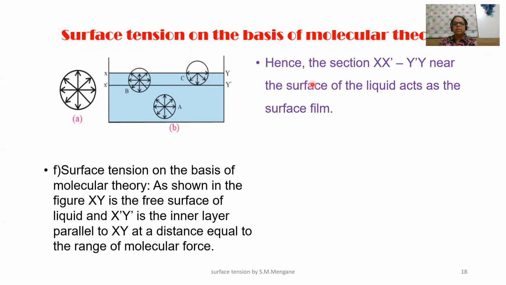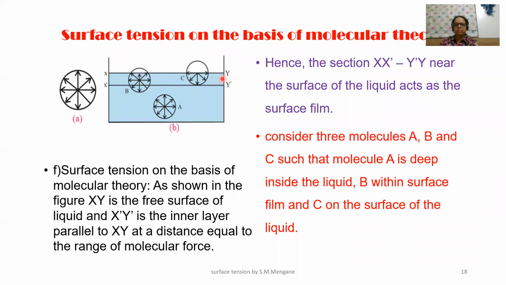Hence the section between x dash y dash and the surface of the liquid acts as the surface film. Consider three molecules A, B, and C such that A is deep inside the liquid, B is within the surface film, and C is on the surface of the liquid.